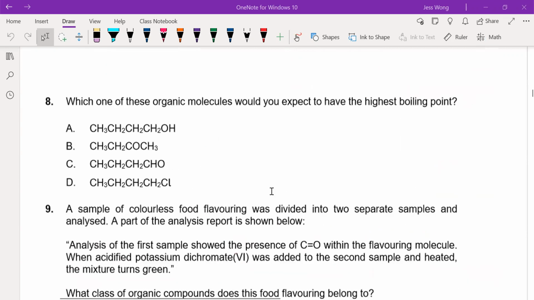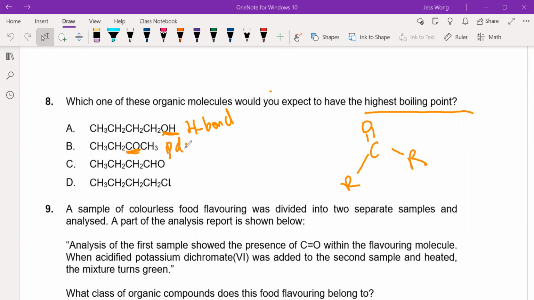Question 8. Which of these organic compounds will you expect to have the highest boiling point? So we are looking at the strongest intermolecular forces, hydrogen bond. So alcohol consists of hydrogen bond. Ketone is because of its bent structure, so it's permanent dipole.